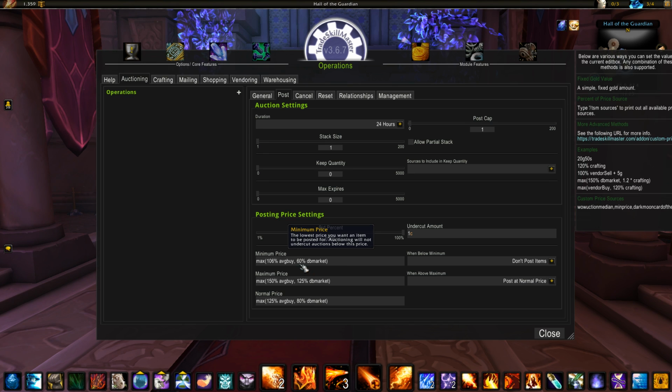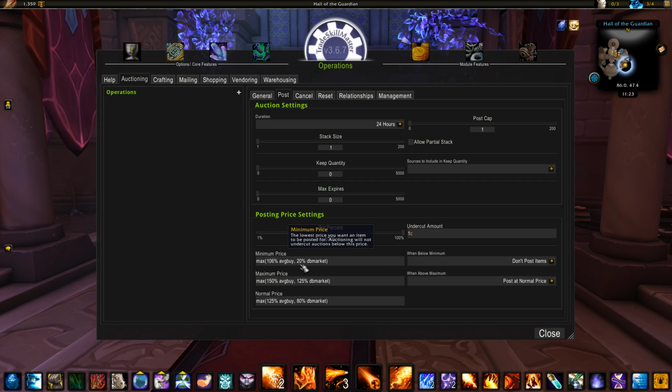So you could even drop this down to as low as 20%. It doesn't matter. You're never going to lose gold, because whichever one of these is the highest is the one it's going to use. This one here is always going to be highest until this number here gets higher than 106% of your average buy price. This is a very good protective function.